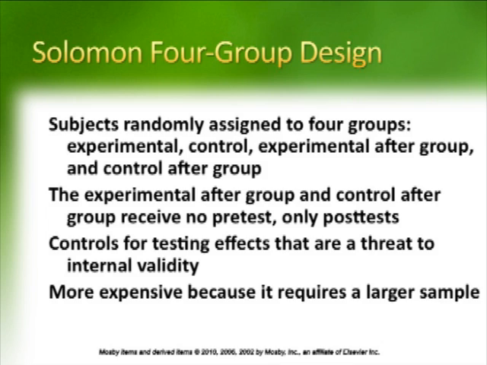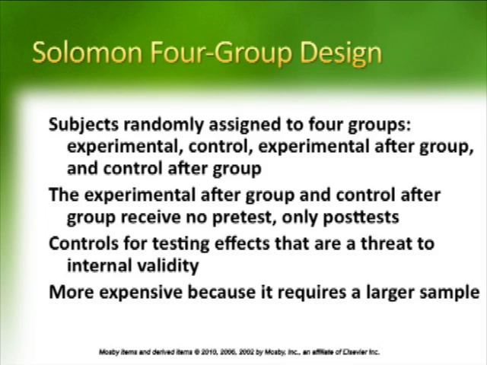There's an experimental group, a control group, an experimental after group, and the control after group. The experimental after group and the control after group receive no pretest. They only get post-test. It controls for the testing effects that are a threat to internal validity.